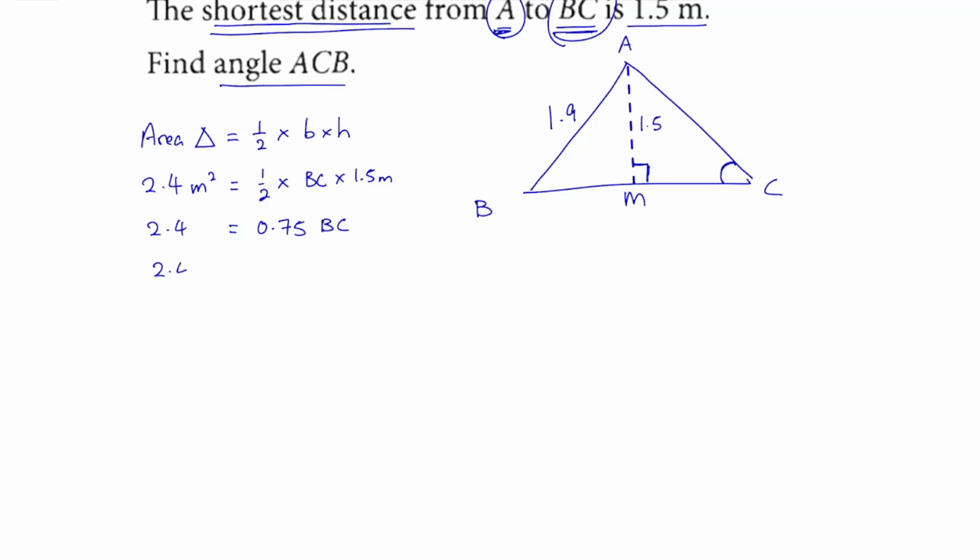So 2.4 over 0.75 equals to BC. So therefore BC equals to 3.2. Okay, so this is 3.2. And once we have this line, and we have this line, I can find this. Can I?